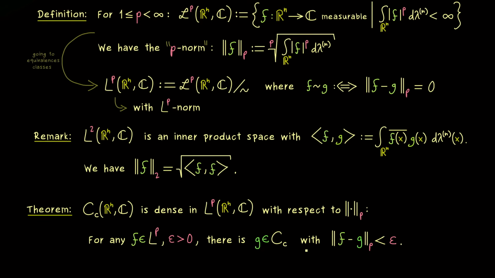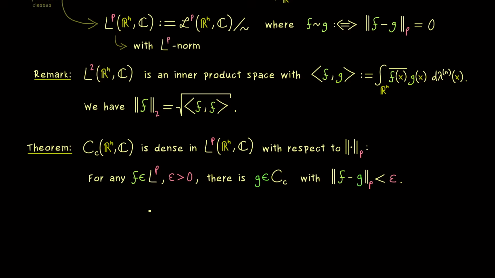And the closeness just means that f minus g measured with respect to the Lp norm is less than epsilon. And you should recognize that this is exactly the same formulation as in the last video, but here we have formulated it for every power p. So you see, we have this nice denseness not only for L1, but for any Lp.